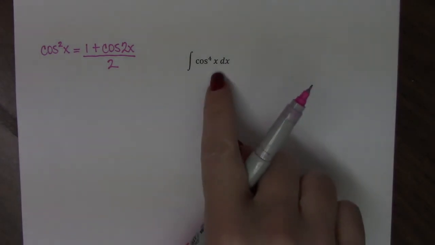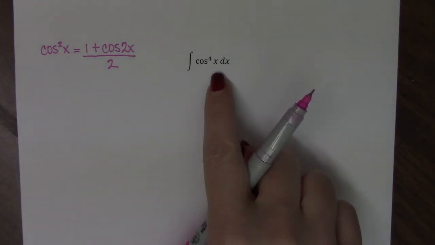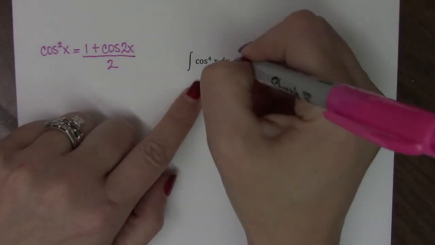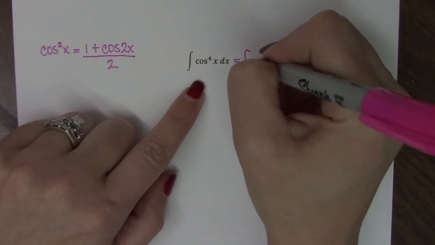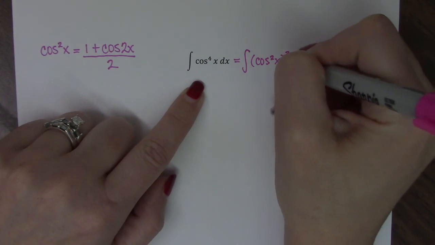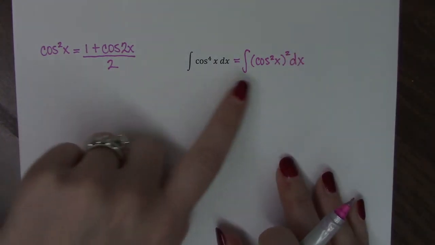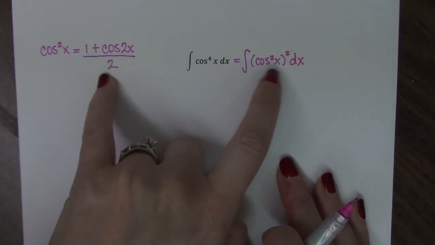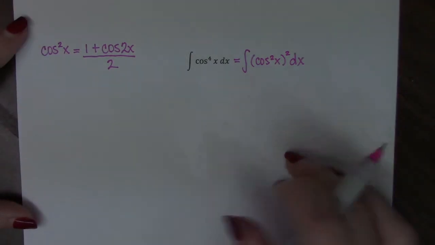So I need to rewrite this in terms of cosine squared. So this integral can be rewritten as cosine squared x quantity squared dx.